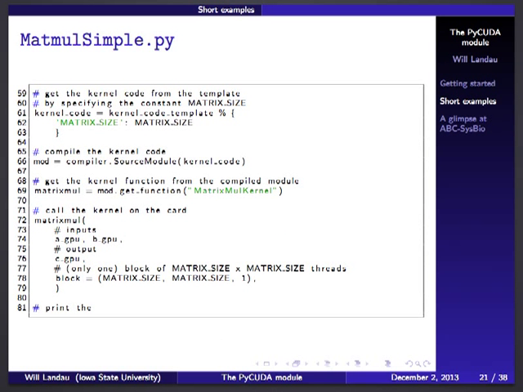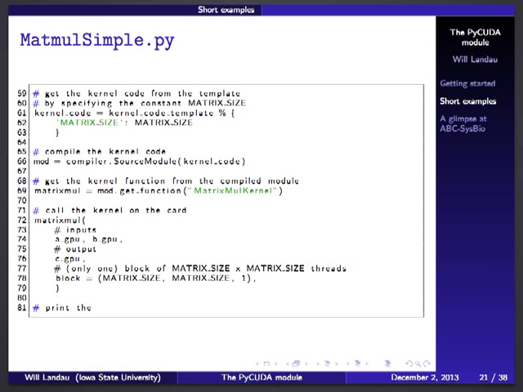Now, here is where I worry about matrix size. There are a bunch of values that you can put in a dictionary, and that dictionary gets passed into the kernel, and you can reference elements like matrix size with percentage signs, like I showed before.